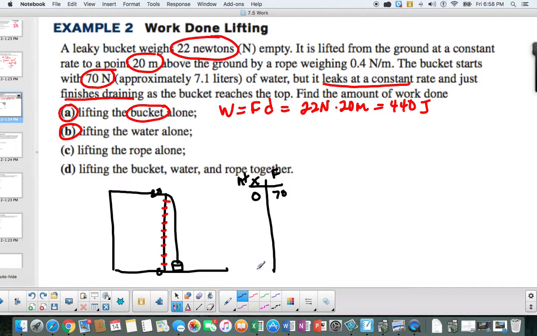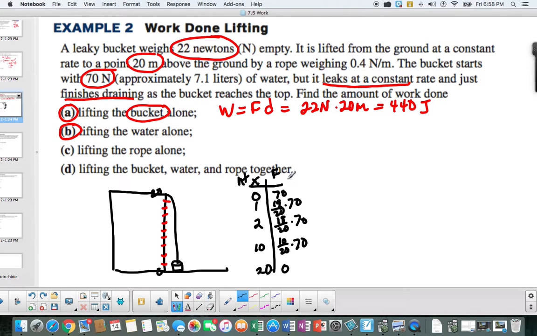And up here at 20, we'll have 0. At 1 meter above, we are going to have 19/20ths of 70. At 2 meters, we're going to have 18/20ths times 70. And if we're here at 10, we're going to have 10 out of 20 times 70.